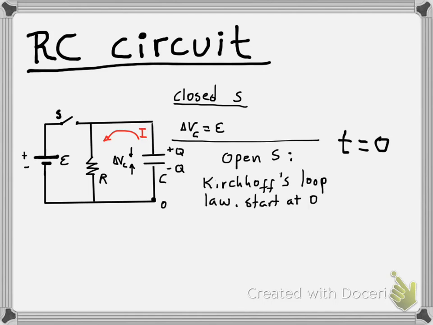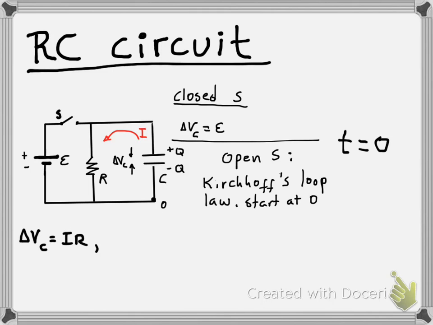So, Kirchhoff's loop law applied to this loop. If we start at point O and move counterclockwise, we encounter an increase in potential going from the negative plate to the positive plate of the capacitor. That's a delta VC that is going to be positive. Then as we move through the resistor, we have a drop in potential of I times R. So these two differences in potential need to be equal to each other.